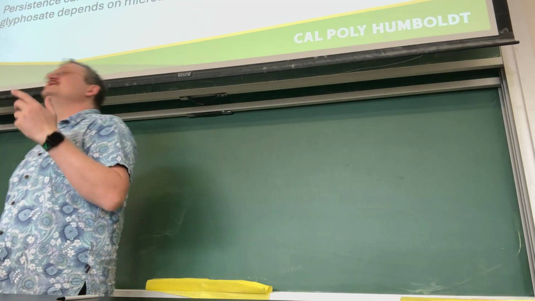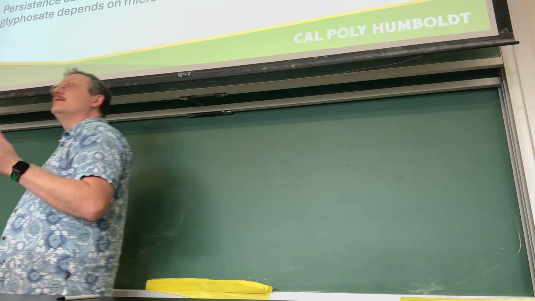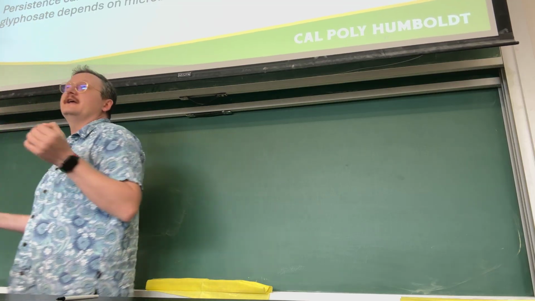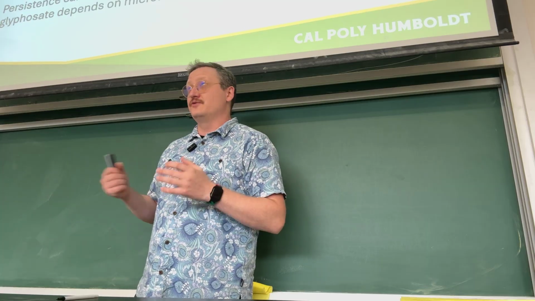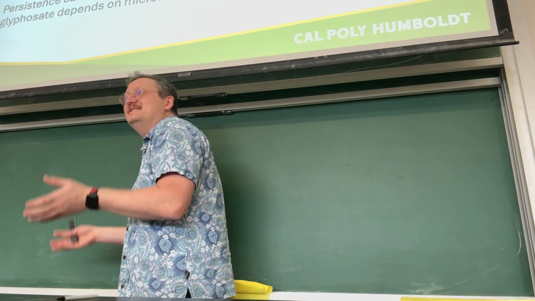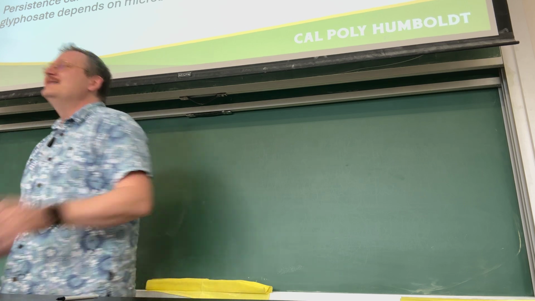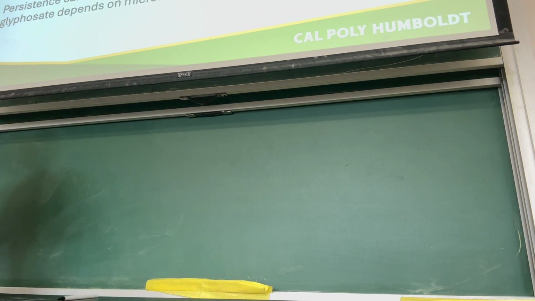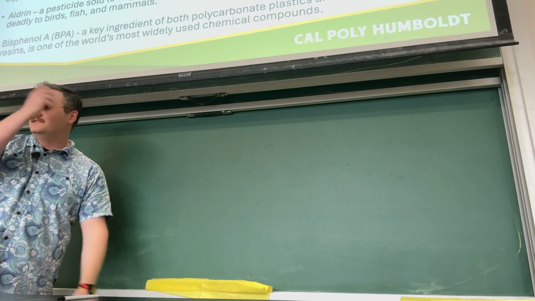Okay. Persistence, we talked about it. It really matters how persistent something is in the environment. If we want to know how to target it for control, or how to control exposure to humans or to other organisms in the ecosystem, which are once again providing essential ecosystem services, which we can't necessarily provide for ourselves.